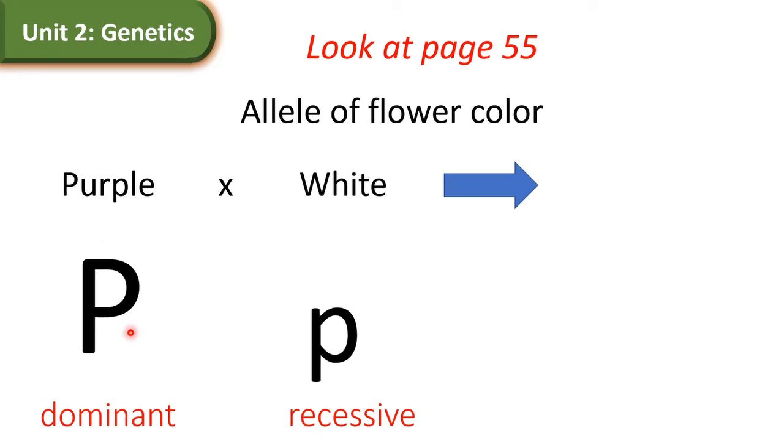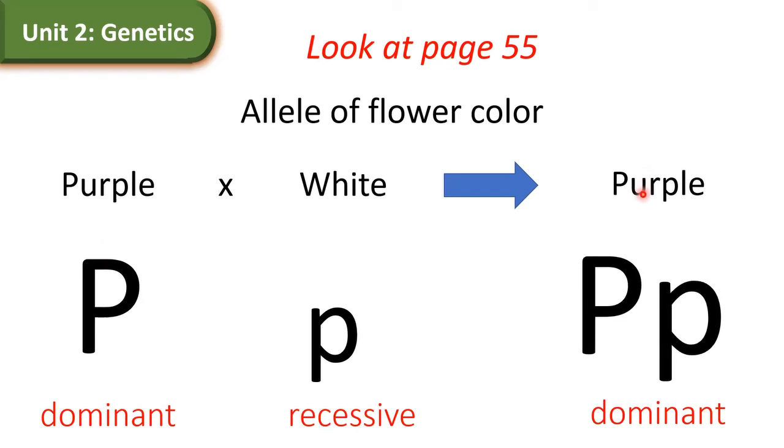So if I have one dominant and one recessive, what do you think is the offspring or the gene expression here? It will be the purple flower.